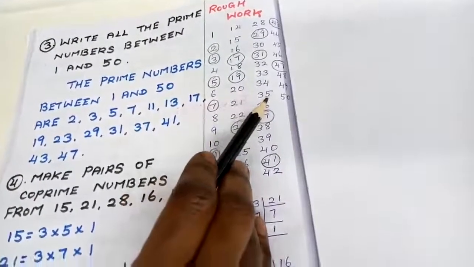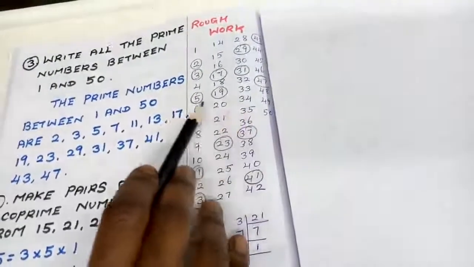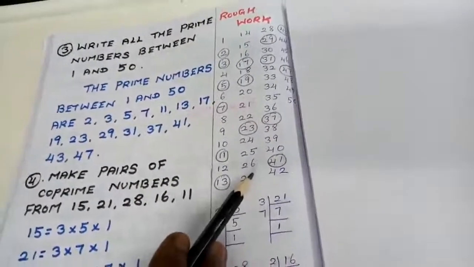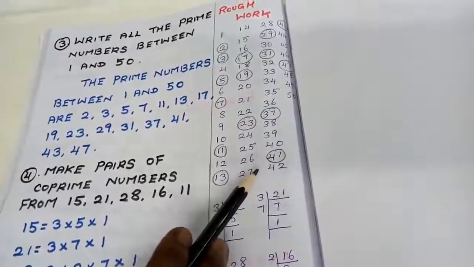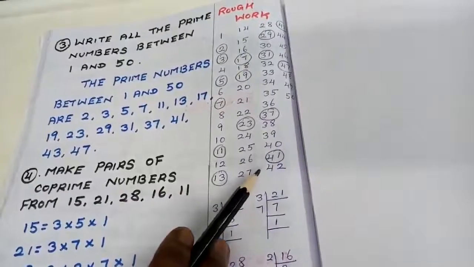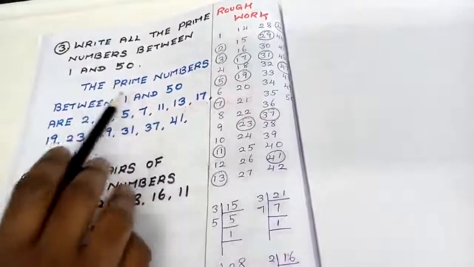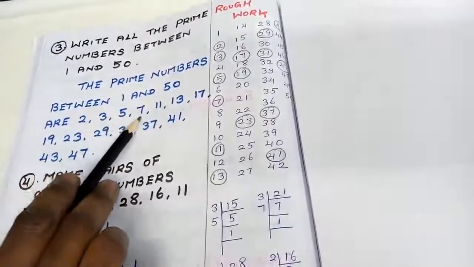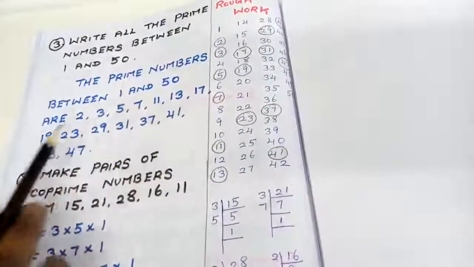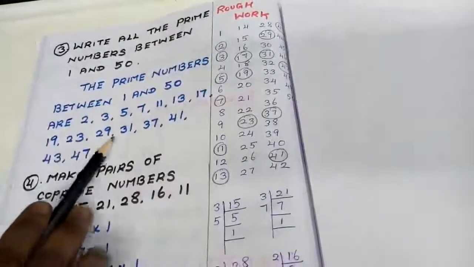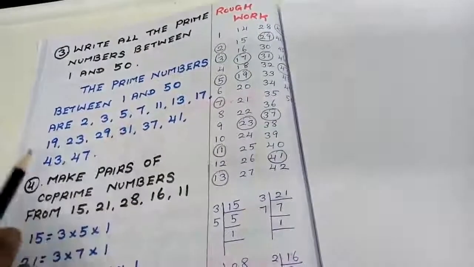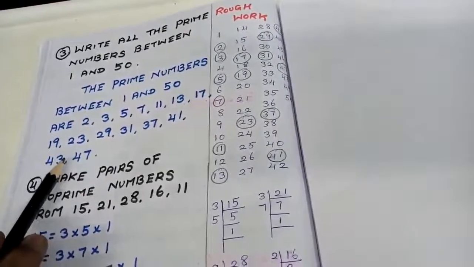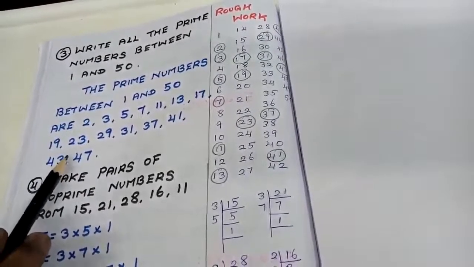And in that I'm going to check all the values, and whatever values I have circled here are called a prime number, because it is the number which is divisible by 1 and itself. So the prime numbers between 1 and 50 are 2, 3, 5, 7, 11, 13, 17, 19, 23, 29, 31, 37, 41, 43 and 47.